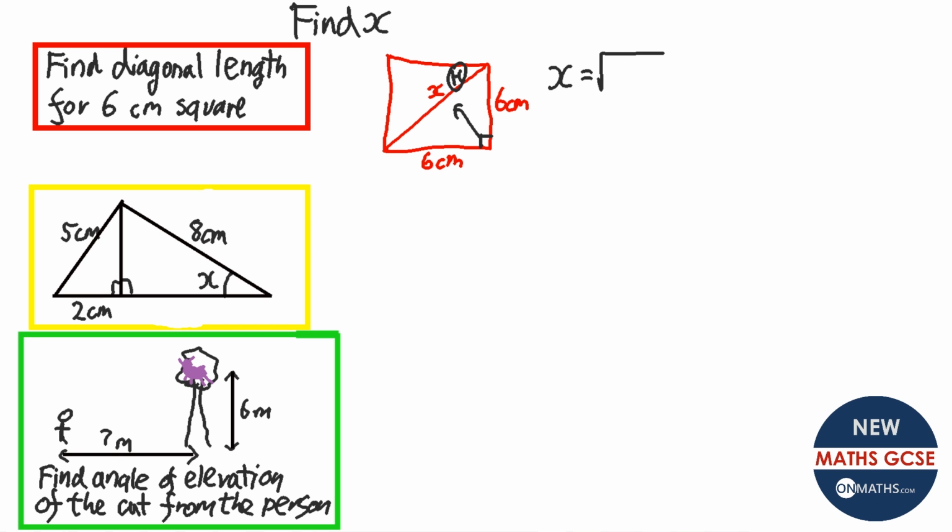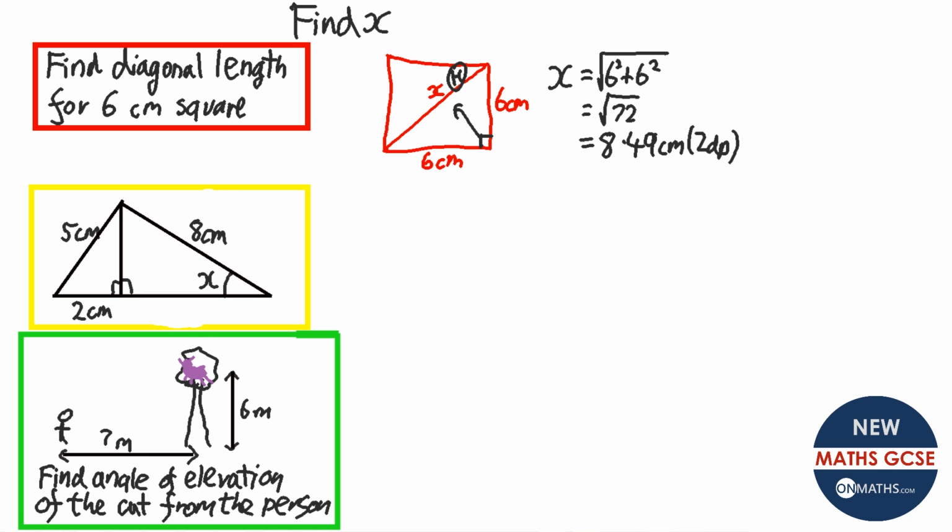So it's going to be the square root of 6 squared plus 6 squared, which is the square root of 72, which is going to equal 8.49 centimeters, and that's rounded to 2 decimal places.